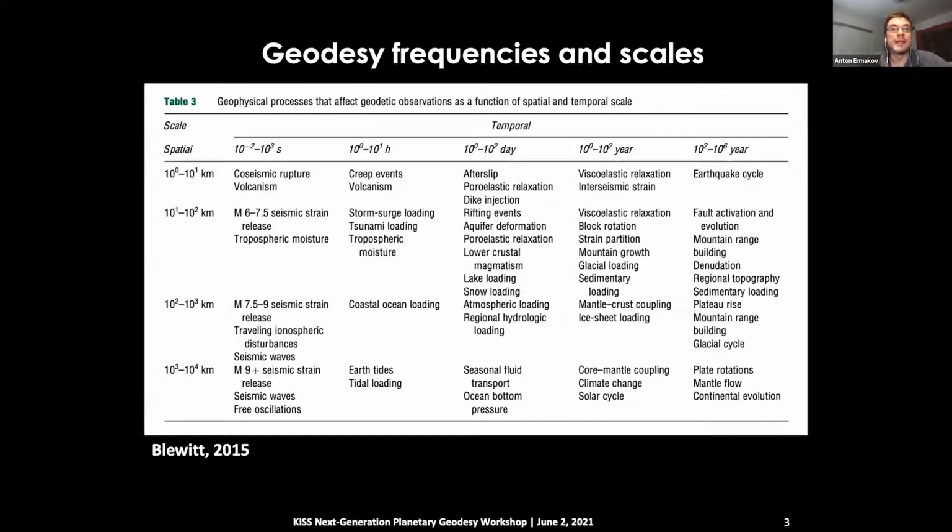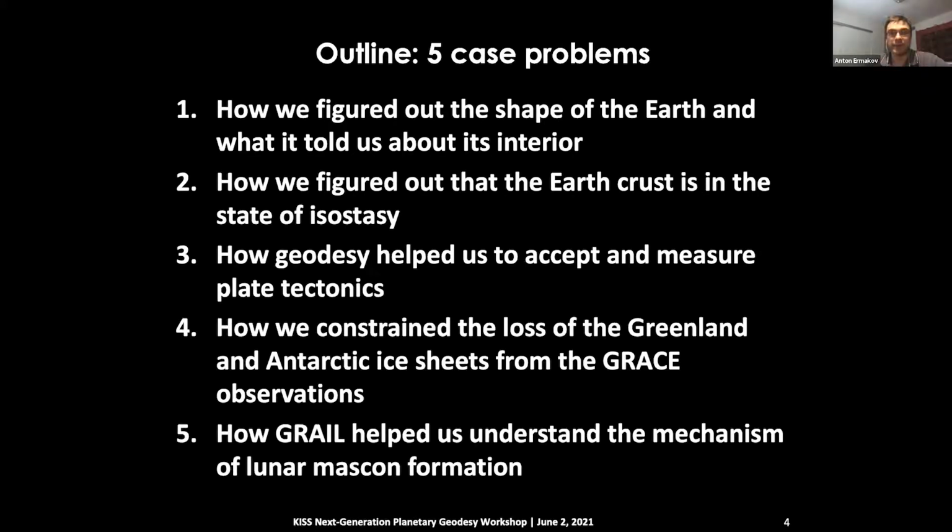This table just shows example geophysical signals that geodetic data allows us to study. Of course, we don't have time to go into detail about all of this. So I basically chose 5 exemplary problems which geodetic data helped us with.